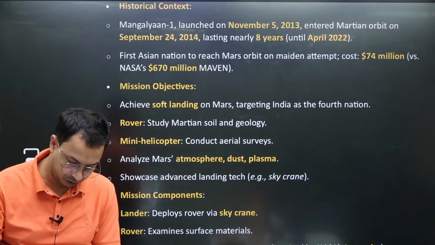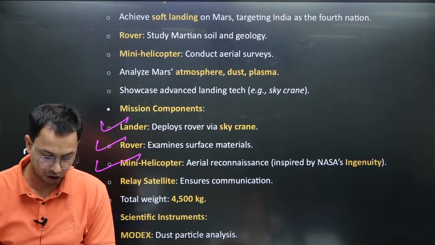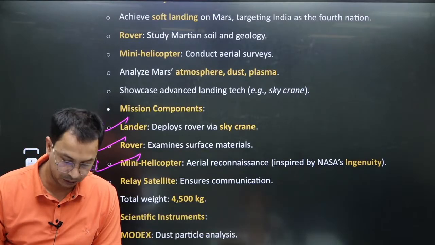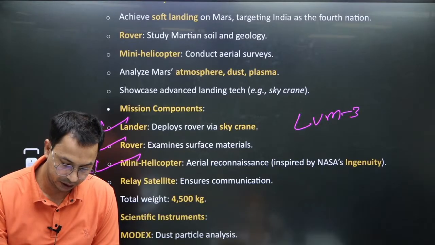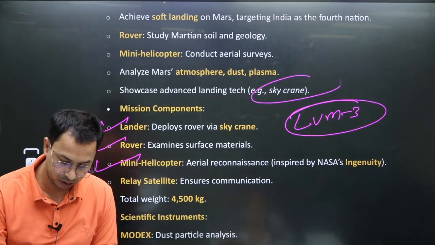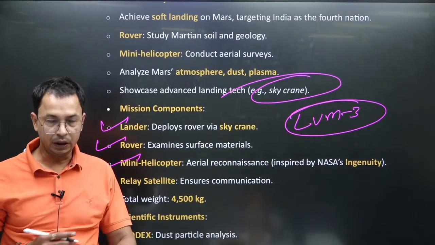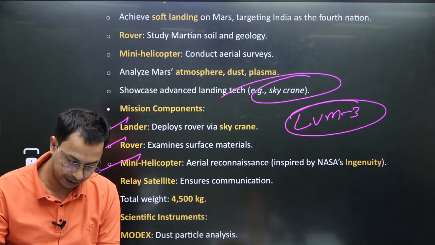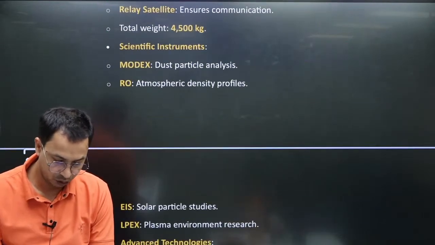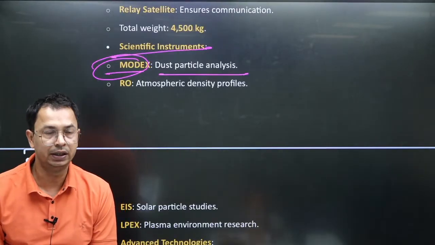Here we will also have the lander, rover and mini helicopter in the Mangalyaan 2 mission, and this mission will be launched by the LVM-3 rocket. There is a technology, that is sky crane technology, which will be used for the deployment of the rover. Scientific instruments: it has PODEX, which will study the dust particles.